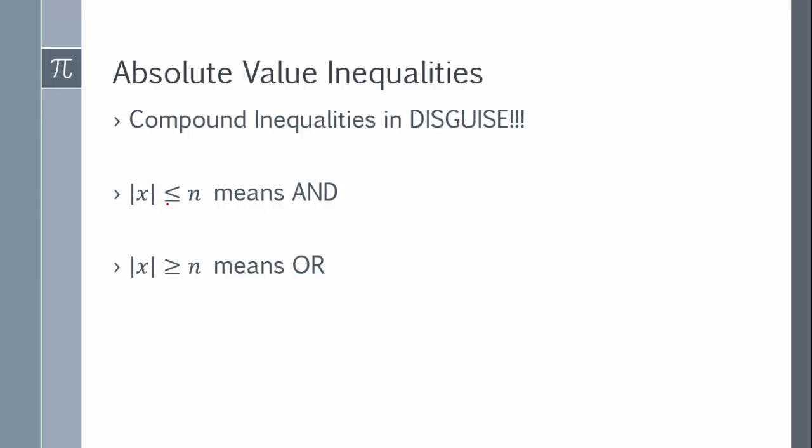Okay, so if you see a less than inequality, we're really talking and. So if I said something like the absolute value of x is less than 4, that really means x is less than 4, and also x is greater than negative 4. And I'm going to talk about how you can go from an absolute value to the two inequalities in a second, but that's the idea behind it.